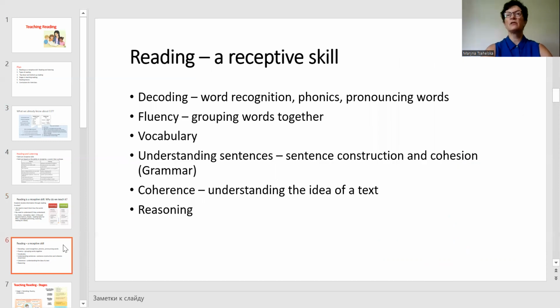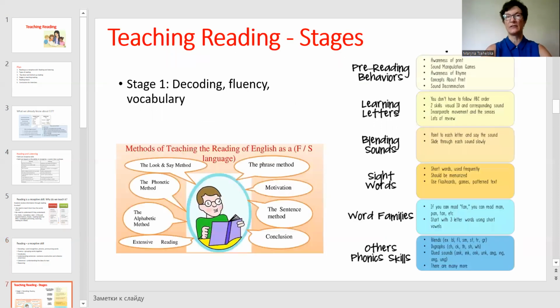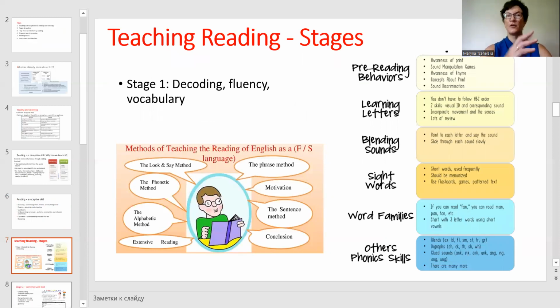So, as reading is a receptive skill, it is important to decode the words, then to practice fluency, and of course, we need to practice accuracy. So, accuracy in reading, I mean, in pronunciation. So, when we teach reading, we start with decoding.